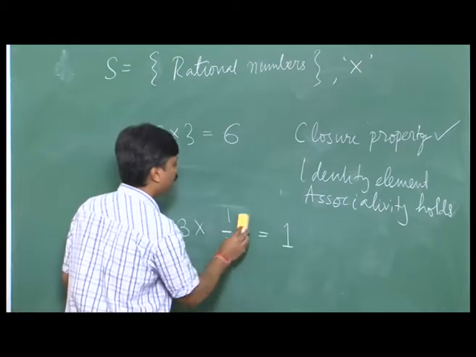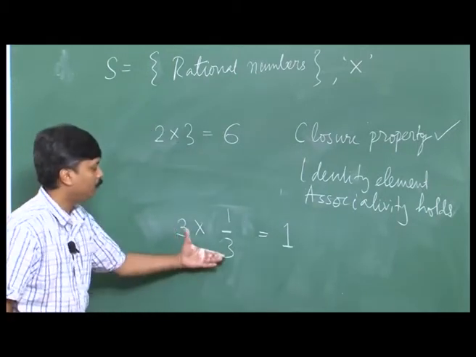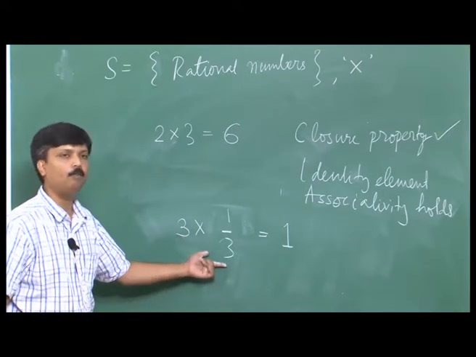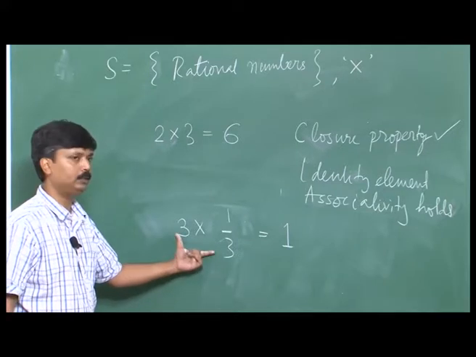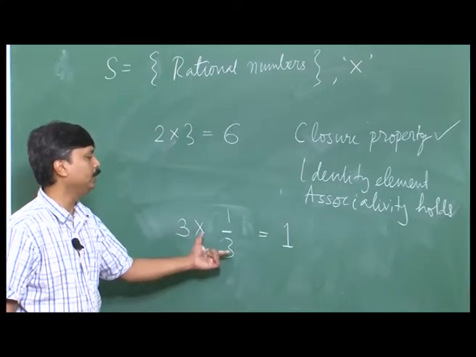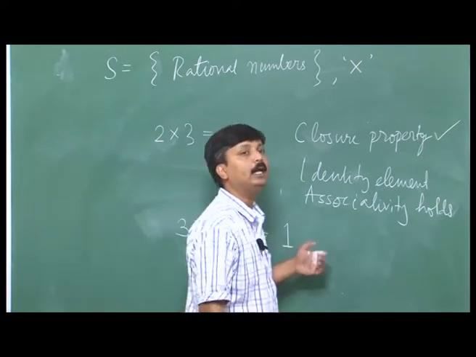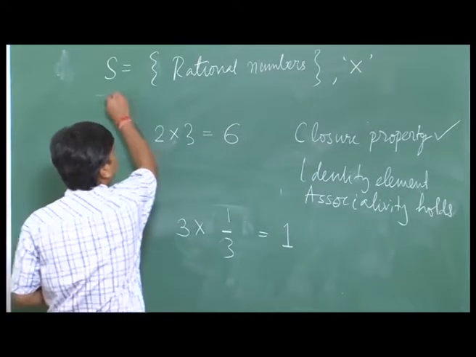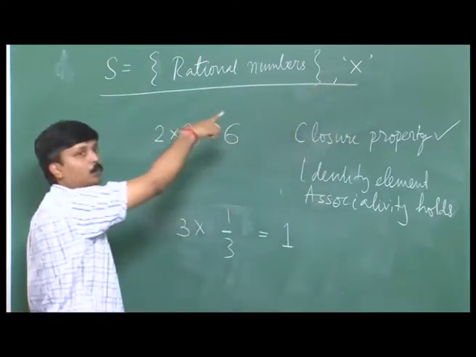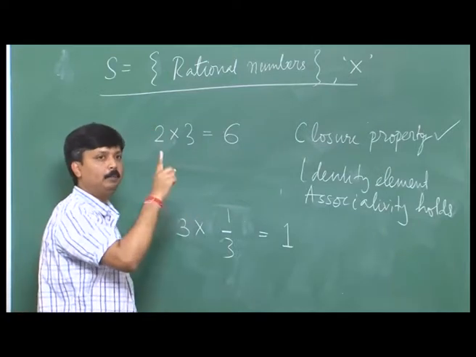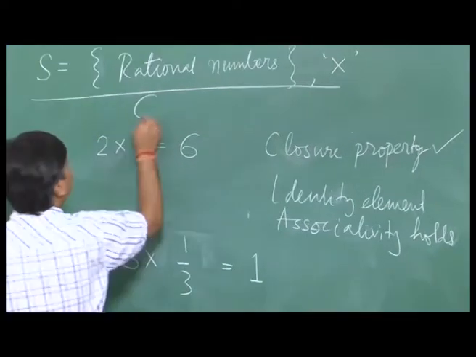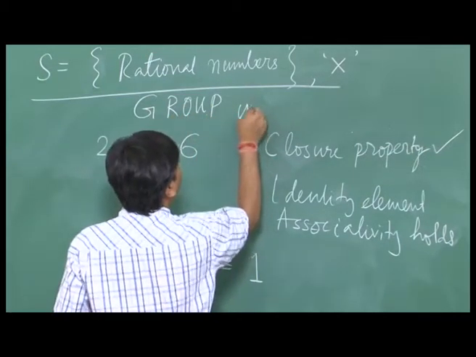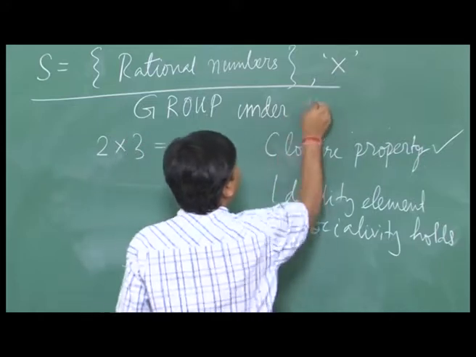So for any given element such as 3, I always have 1 upon 3, and this combination, that is the multiplication of 3 and 1 upon 3, is going to give me unity, which is the identity element for this group. So this particular set of rational numbers is a group under the binary operation multiplication. So I can call it a group under multiplication.